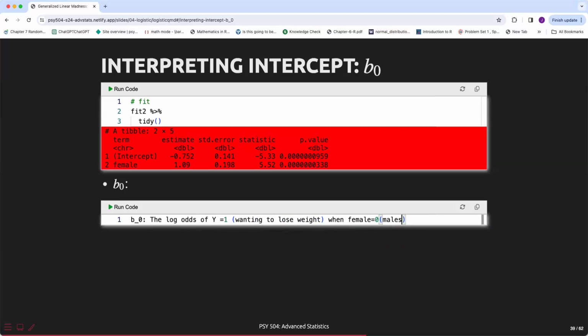So this is the log odds of y equals 1 for males, which is negative 0.75. That's our log odds value here.